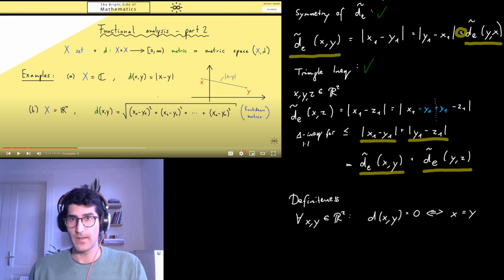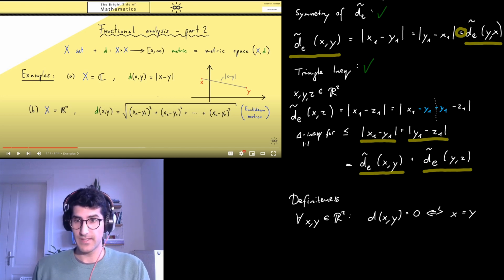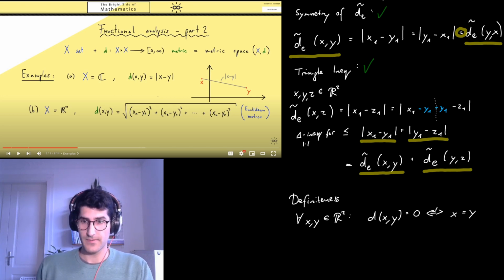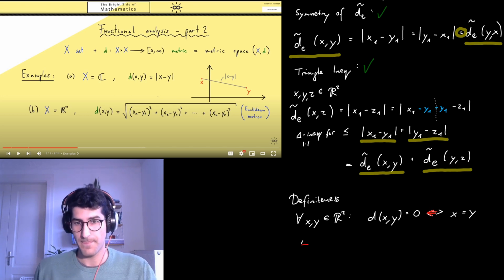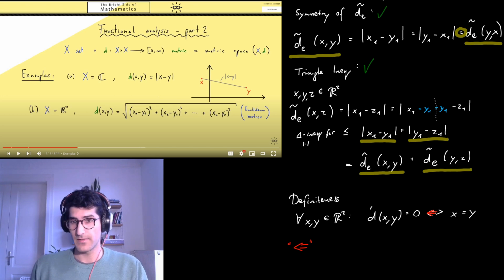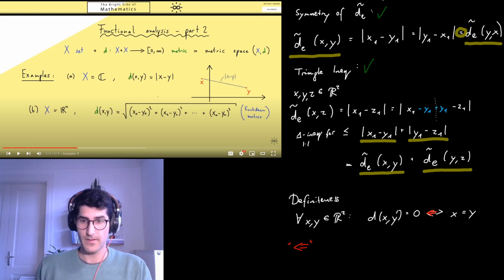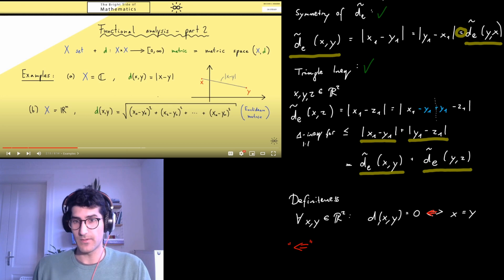All right. How would we prove definiteness? We have an equivalence. That means we have 2 things to check. The first implication that we are going to check is the easier one, I would say. If x and y are equal, then also the metric, or our candidate for the metric, equals 0. So let me also add that we want to do this for dE tilde.